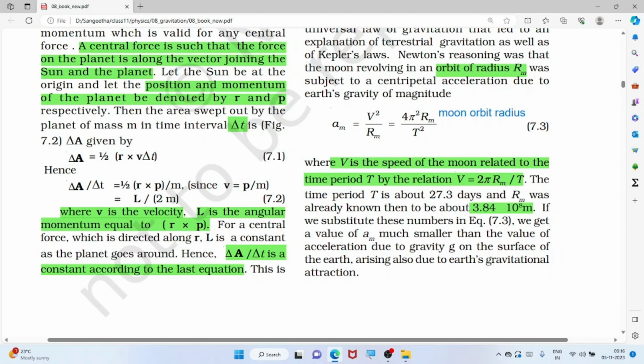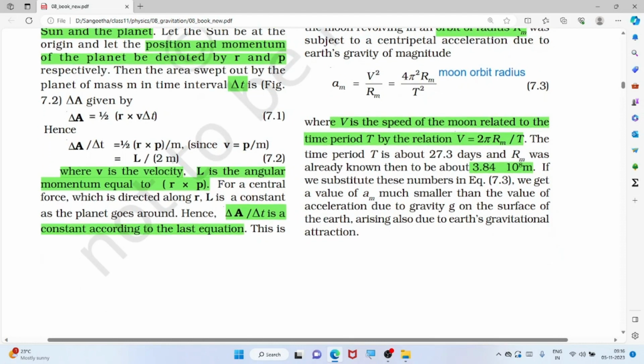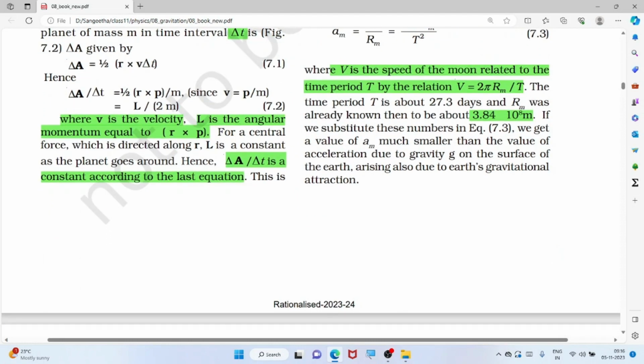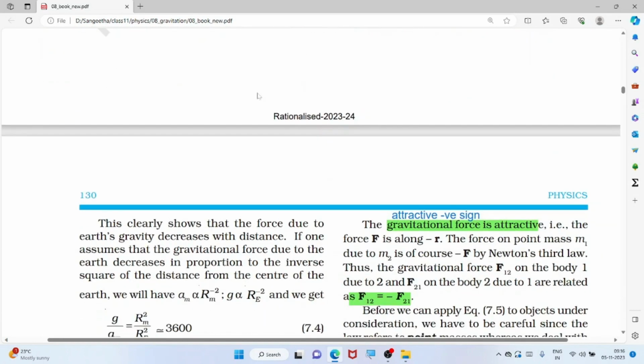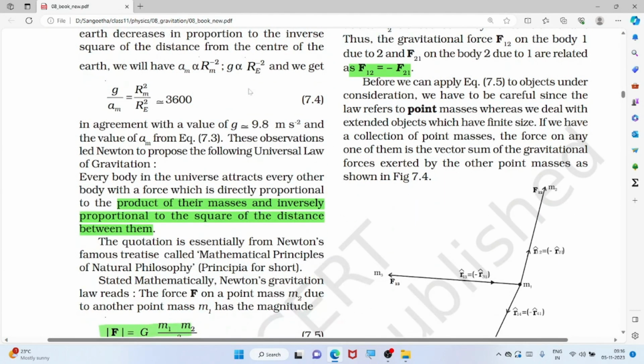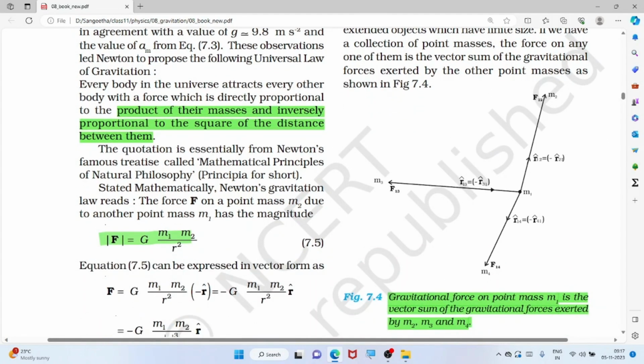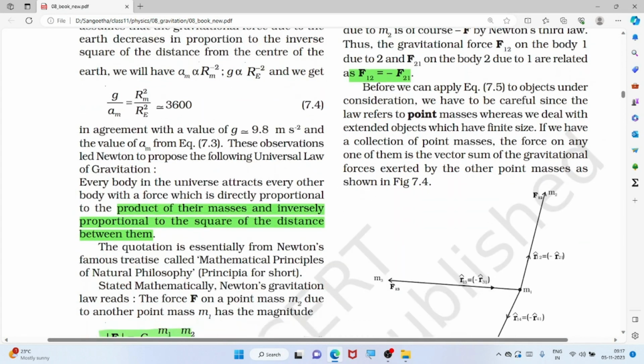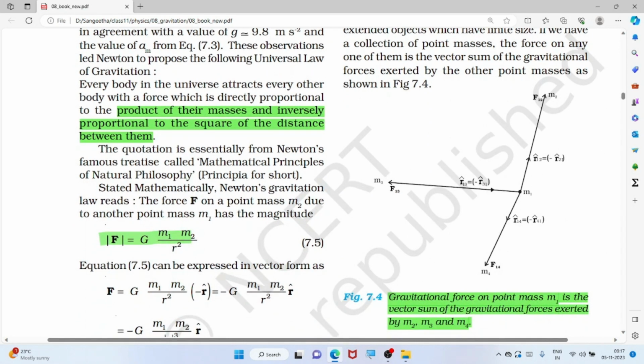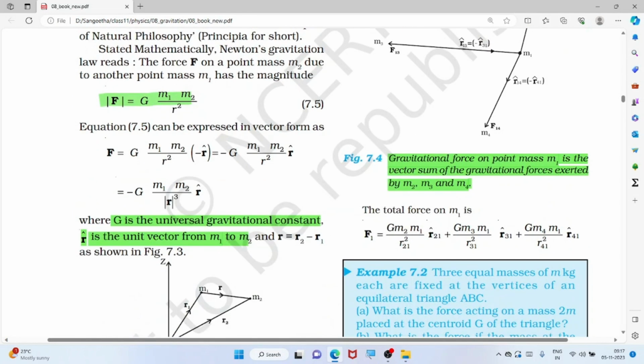This is the moon's orbit radius. This is the gravitational force: the product of their masses divided by the square of the distance between them. This G is the gravitational constant.